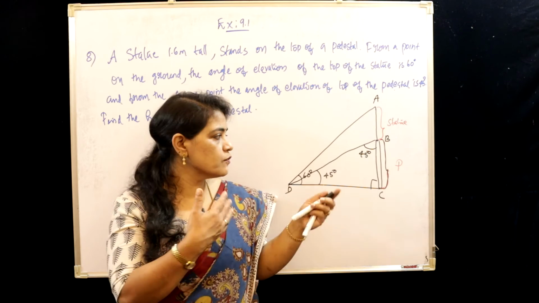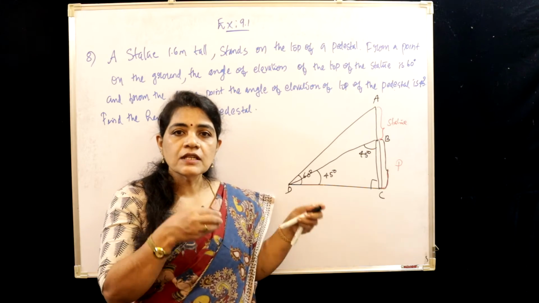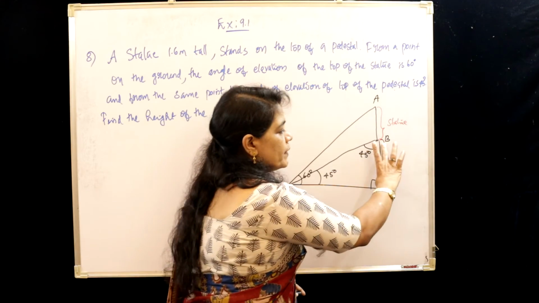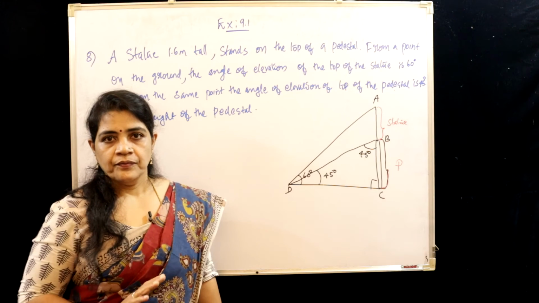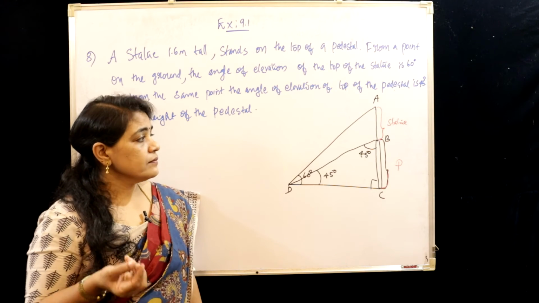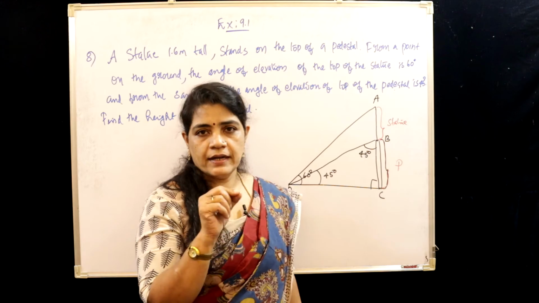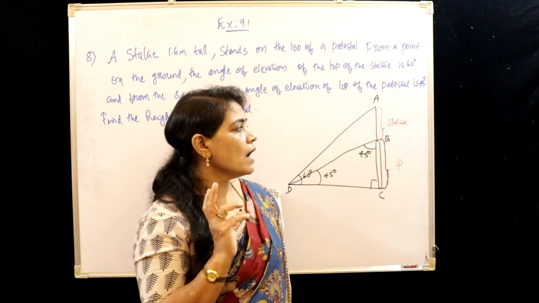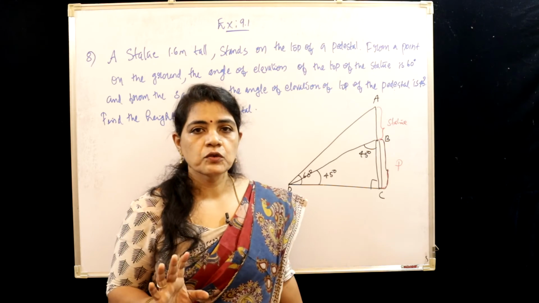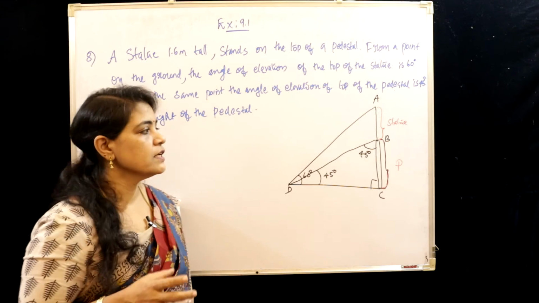Is it clear, children, how this figure can be drawn? From this we have to find out the height of the pedestal, that is BC. So children, here let the height of the pedestal be BC and the height of the statue be AB. You can write all these things. I am writing very important steps only.